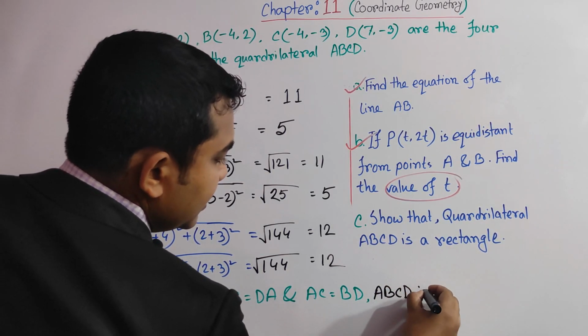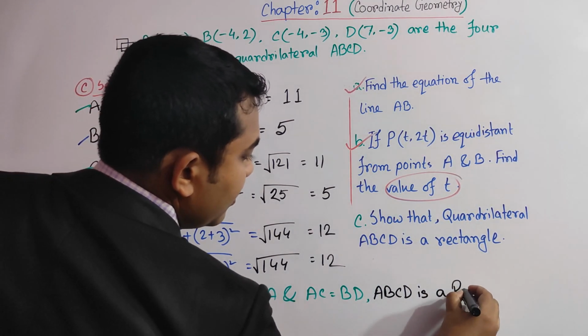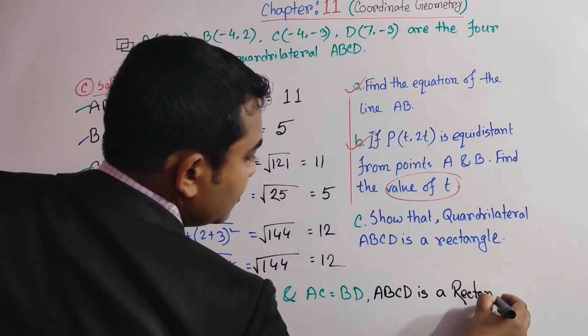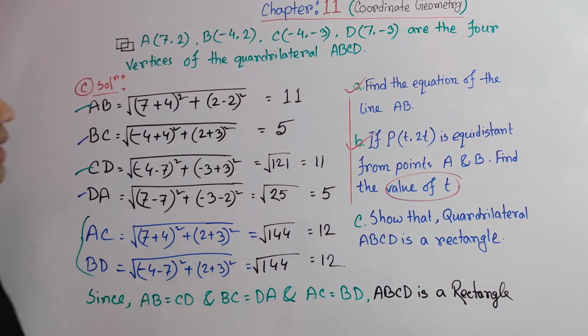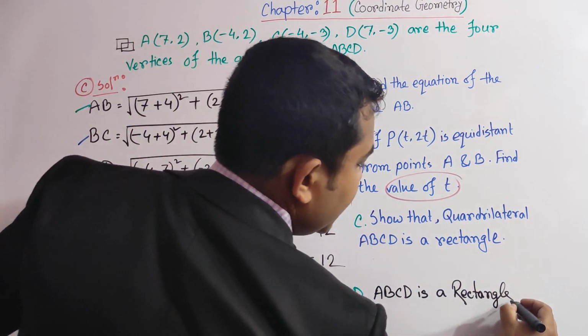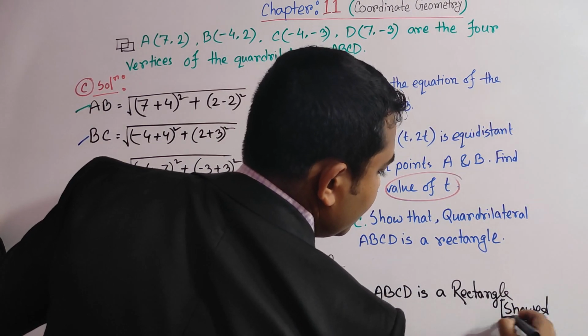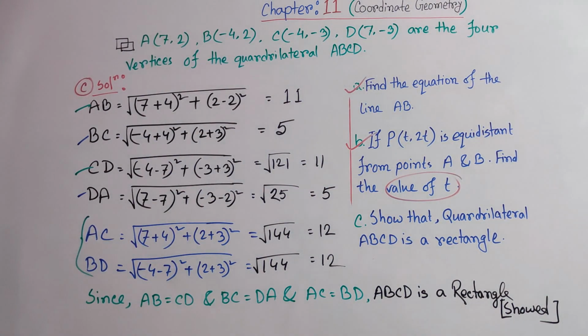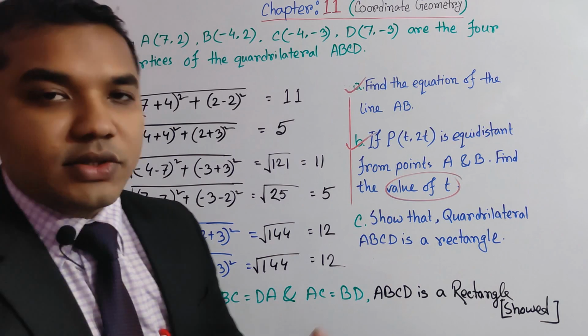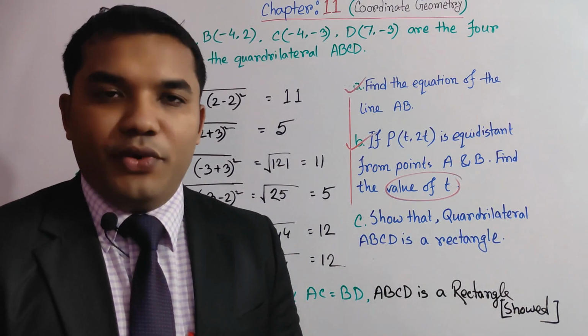ABCD is a rectangle. Since the question is talking about show, so it must be shown. That's our required proof. So dear students, this is how we can solve our creative question very easily.